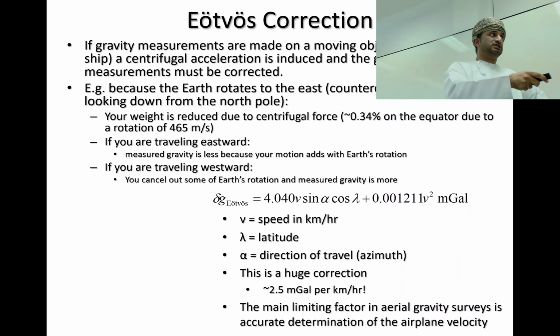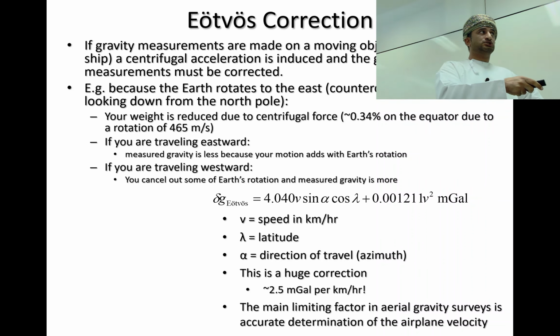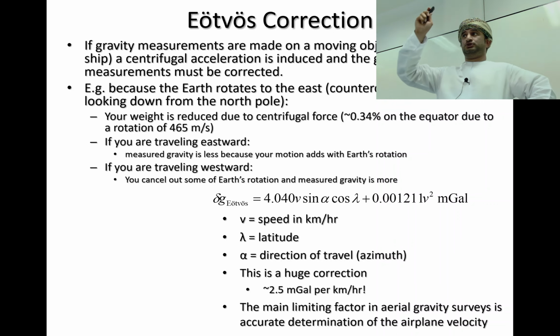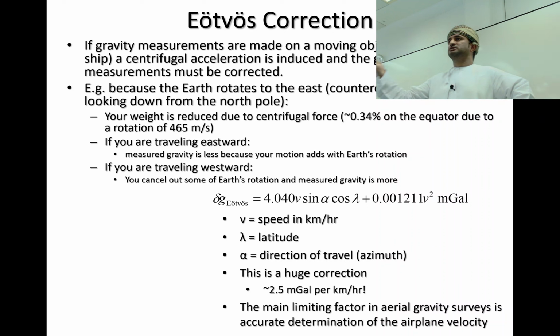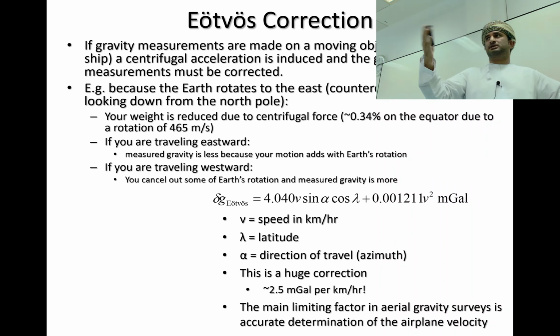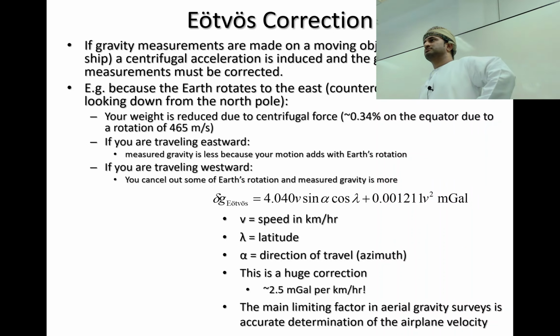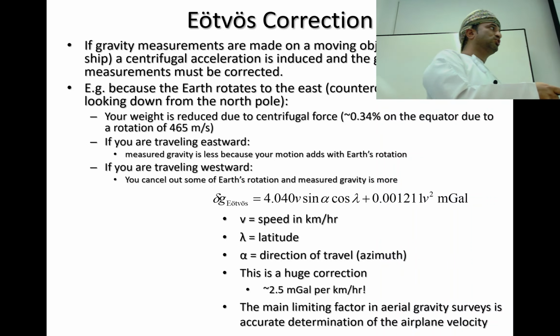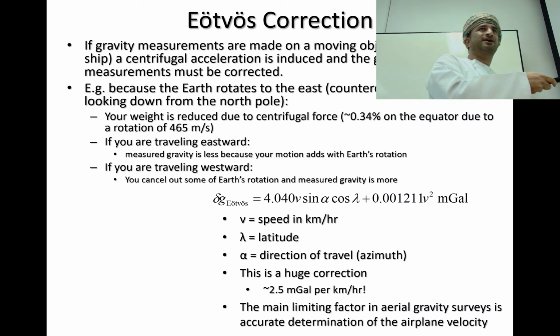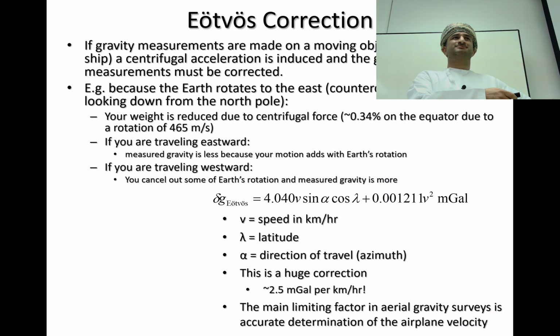The minimum alpha is 0 if you are moving exactly north, and the maximum is 360. 360 and 0 are the same. Am I right? So sine 360, how much is it? 0.